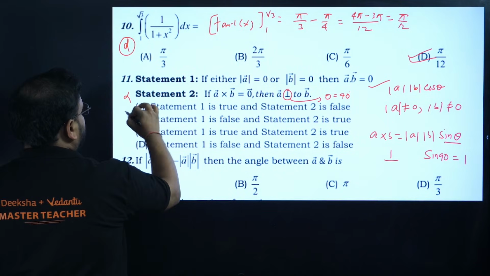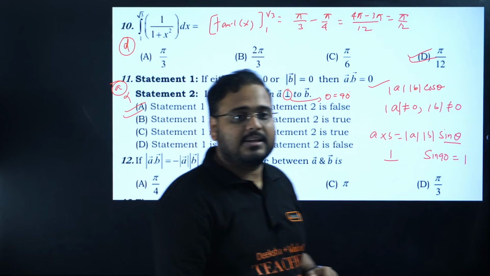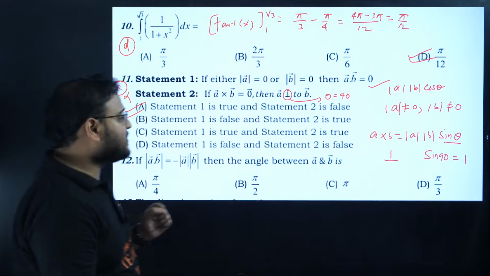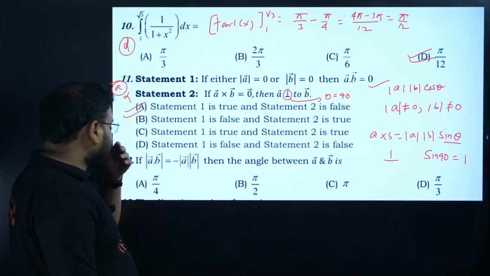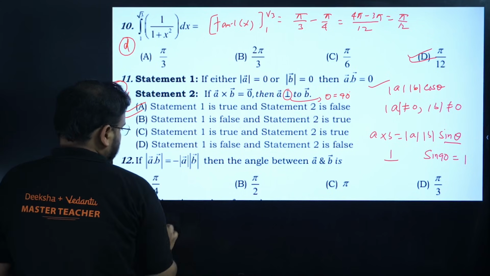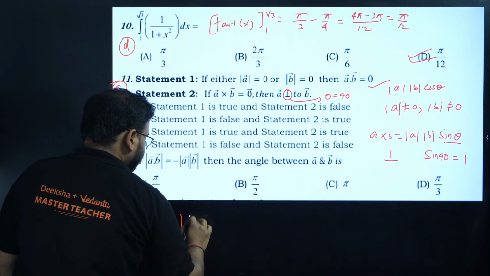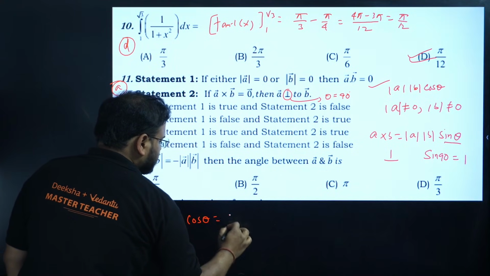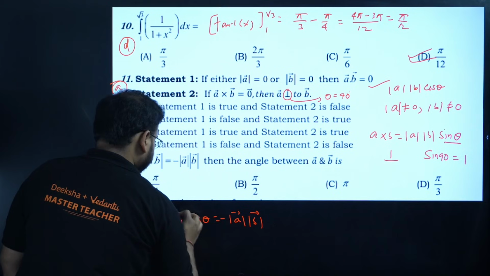Option is A. 11th option is A. 1 is true, 2 is false. A dot B equals minus of A into B. Check here: I'll get A, B, cos theta equals minus of A and B. Of course, these are vectors.